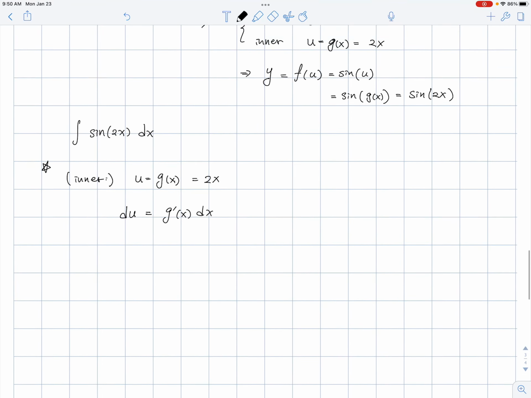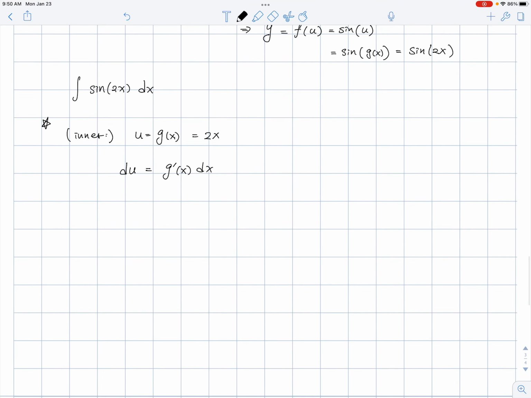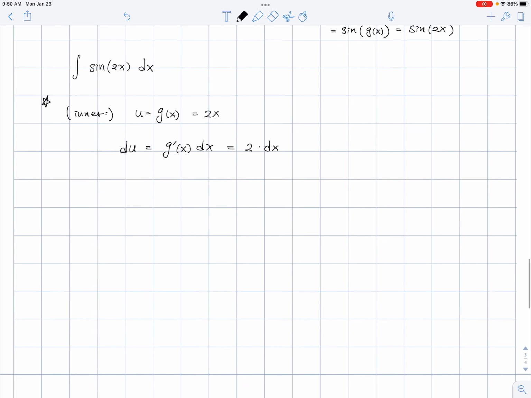It's always this. Of course, this depends on your variable. If you have g of y, then you have g prime of y dy. Because we're using x here, we have g prime x dx. So write this out. That's 2 times dx. The derivative of 2x is equal to 2.